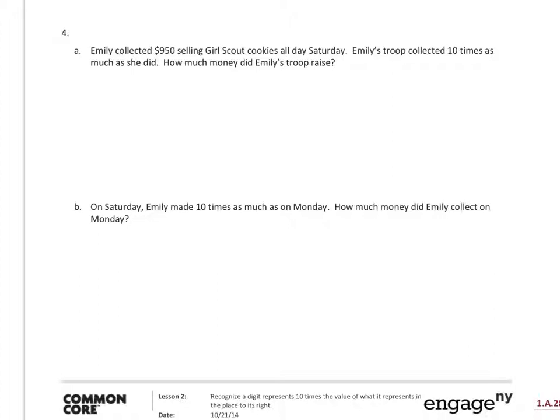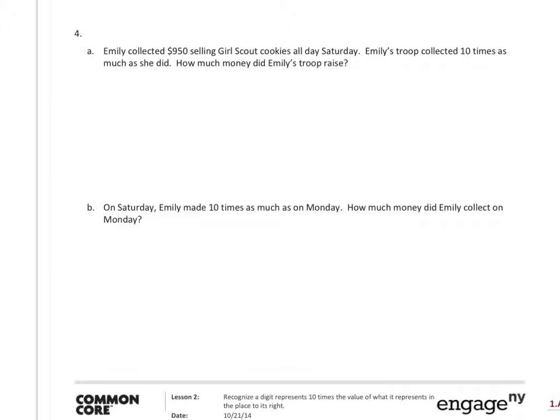So students see the amount, so they should read the problem, underline any key information that they need, and then write a number model. So if I were to read number 4, I see that she's collecting $950, and that her troop, though, collects 10 times as much. And to figure out how much her troop made, what do we need to do?